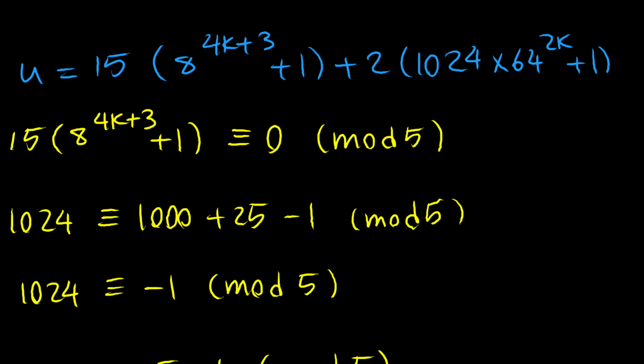So if we divide u by 5, the remainder of this part is going to be 0. The remainder of 1024 is going to be negative 1. And the remainder of this is going to be positive 1.